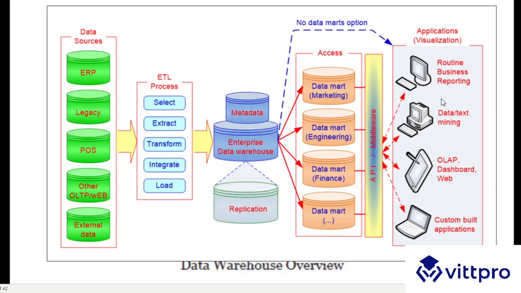Or you don't have a data mart, but access the data directly through the reporting, through data mining, through the dashboards, through a specifically built application. So how you access the data can be in two different ways: through the data marts, or directly without the data mart, via dashboards, data mining, or custom-built applications.